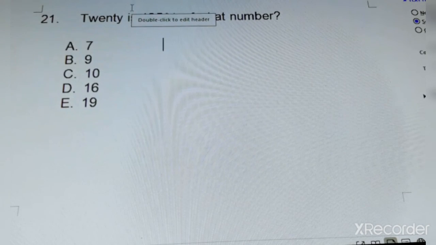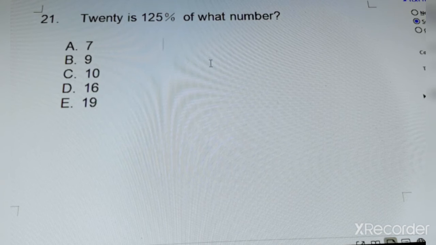Number 21. 20 is 125% of what number? A 7, B 9, C 10, D 16, E 19. 125% of what number? Let x be that number. So 125% is equal to 1.25 of x, so 1.25 times x equals 20.